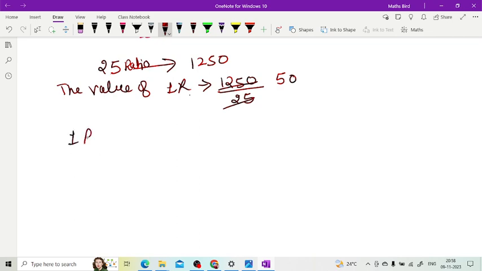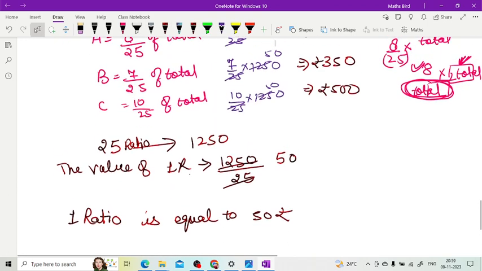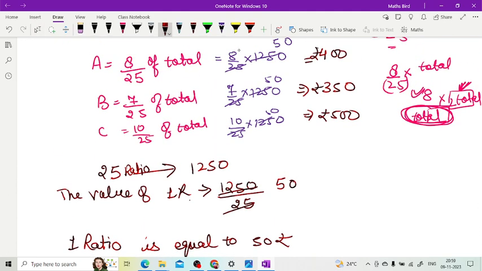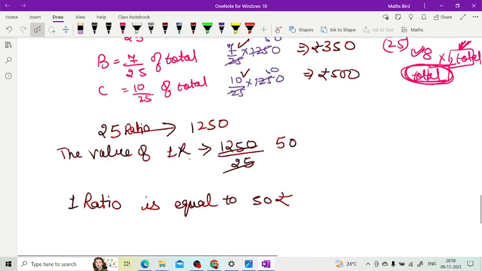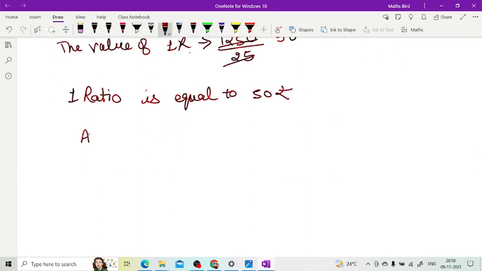Now see, 1 ratio is equal to 50 rupees. Now what do we want? A has 8, B has 7 ratio and C has 10, right? Similarly we can find A's amount, which is 8. 1 ratio's value is 50, so 8 ratio's value will be more, that is 8 into 50.